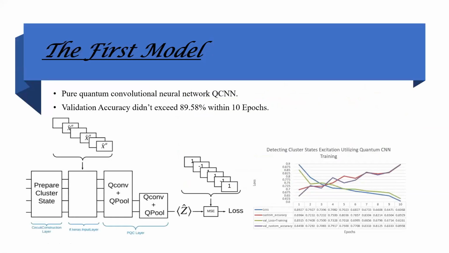Actually, the researchers trained 3 types of models. The first type, called a pure quantum convolutional neural network, and yet validation accuracy didn't exceed 90% within 10 epochs.